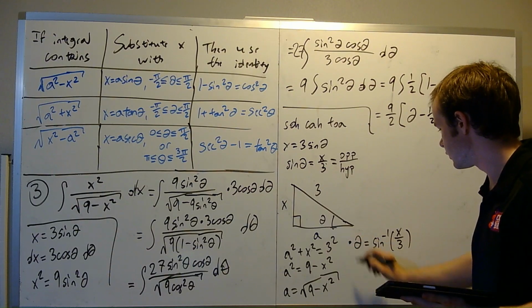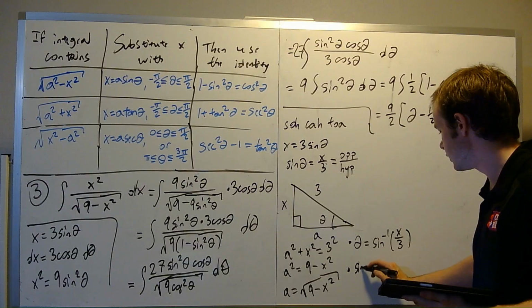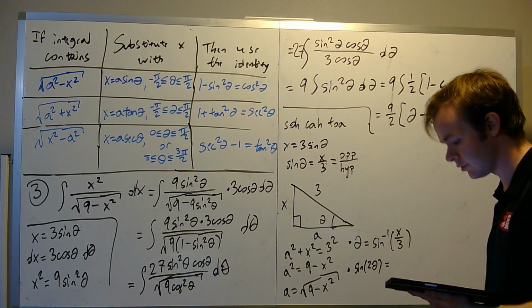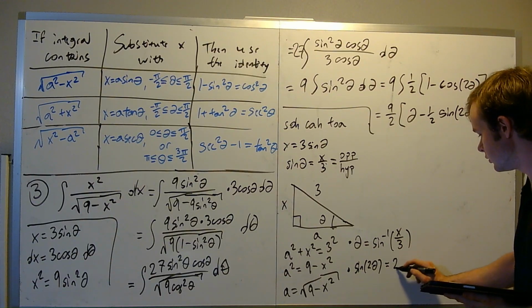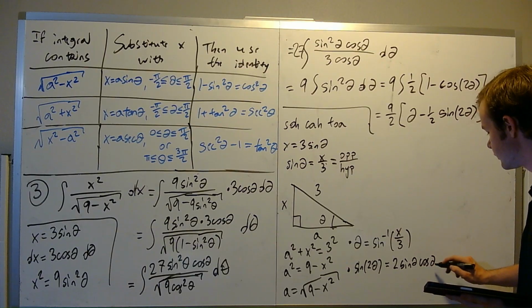So this was our first thing. And our second thing here is to say that sine 2 theta, we actually have a formula for what that's equal to. That's equal to 2 sine theta cosine theta.